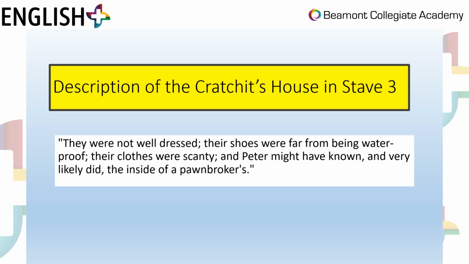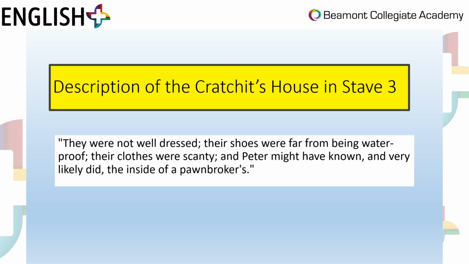So we've got the idea that the shoes weren't waterproof. Obviously, on a literal basis, that means the shoes weren't good enough, the feet are going to get wet. But think about the metaphorical understanding that these poor people are not protected from the conditions of Victorian London. A pawnbroker is somewhere where you would take stuff to sell.